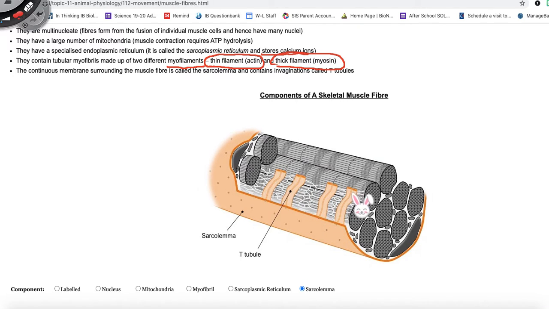Okay, so these depressions here are called T-tubules. And it's important for you to recognize these structures within the muscle fiber. It's also important for you to recognize the structures within the myofibril as we move on to muscle contraction in the next video.